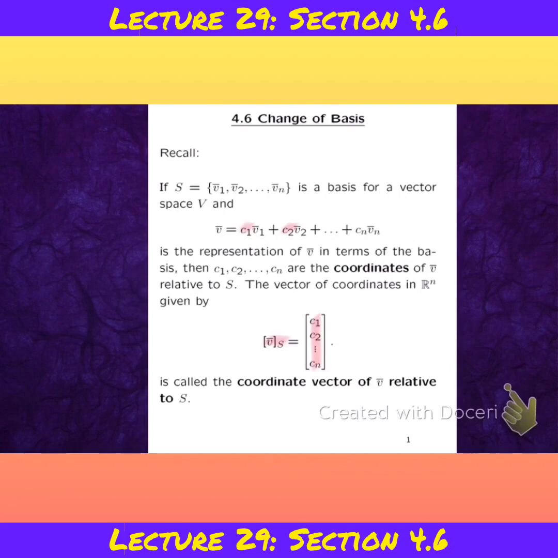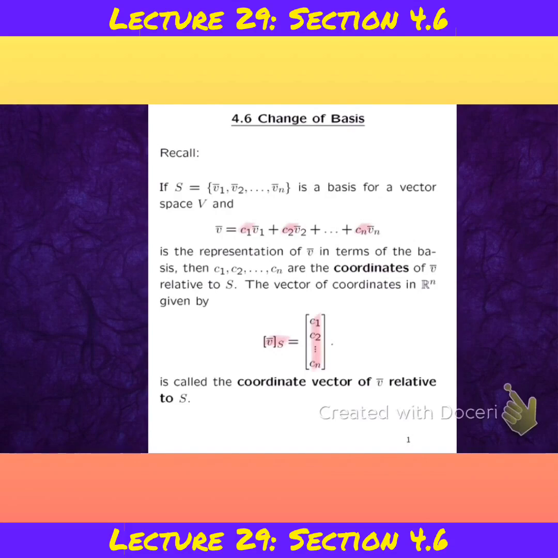And remember, for each representation of V, we only get a unique set of those coefficients, right? Because we said that a basis only uniquely represents each vector as a linear combination. So you can only find one such coordinate vector.